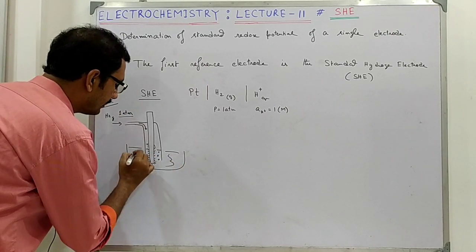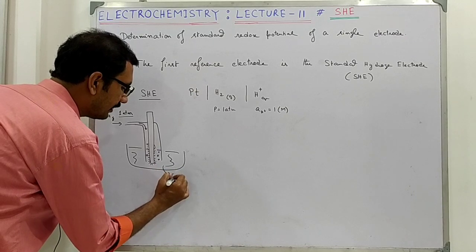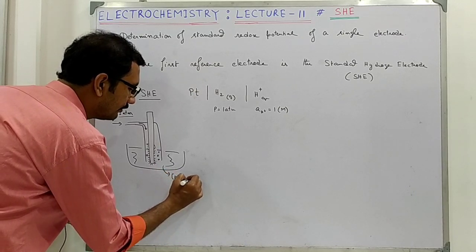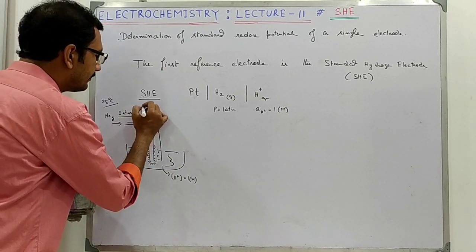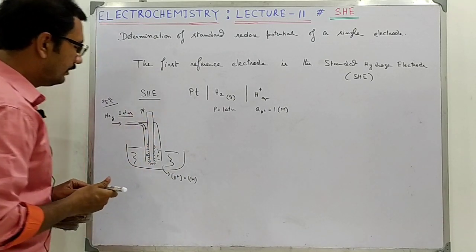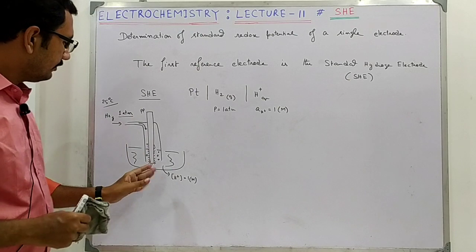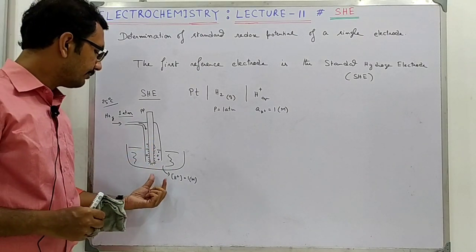Here we have the concentration of H plus to be 1 molar, and this is the platinum electrode, and this platinum electrode is coated with platinum black.